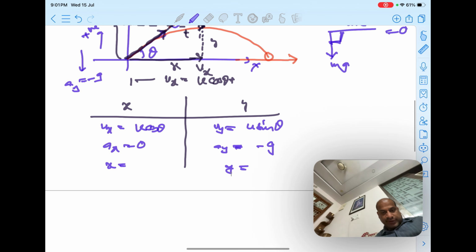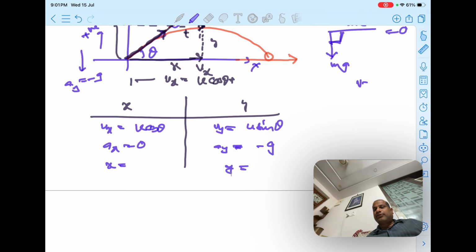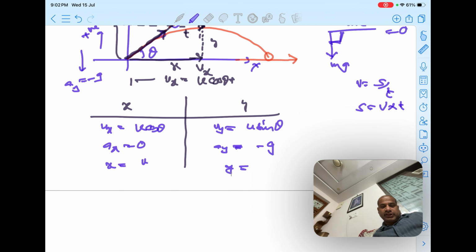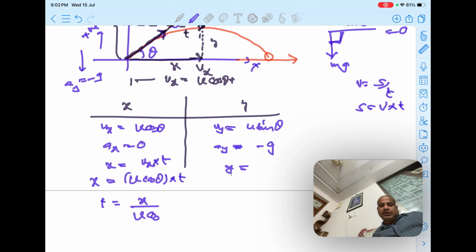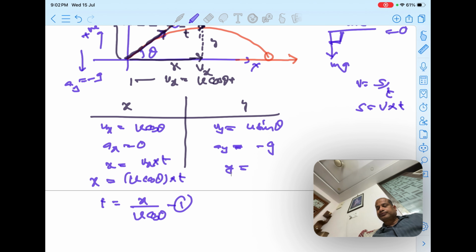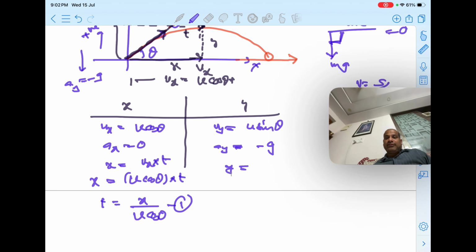In t seconds, how much does it travel in the x direction? Velocity is constant, so displacement will be velocity into time. Therefore x becomes u cos theta into t, so the time will be x by u cos theta.